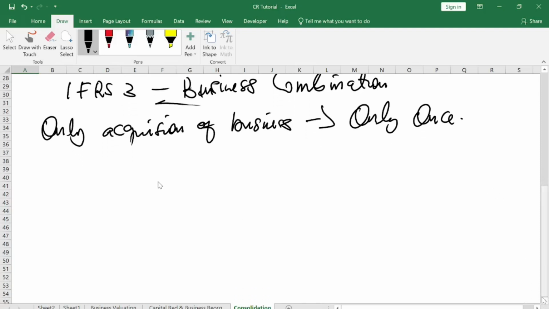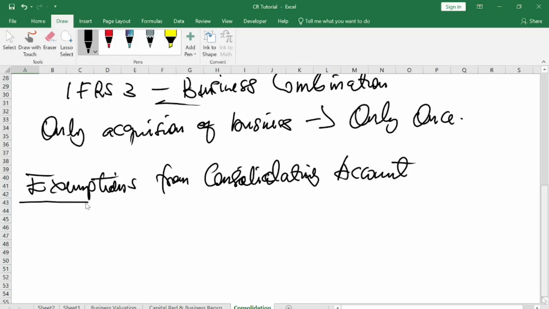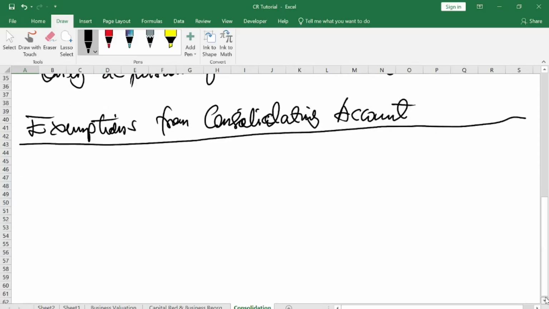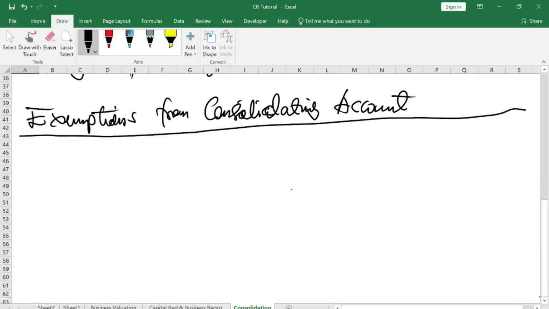When it comes to exemptions from consolidating accounts, at which point do we say that an acquirer cannot consolidate the acquiree? That's what we call the exemptions.